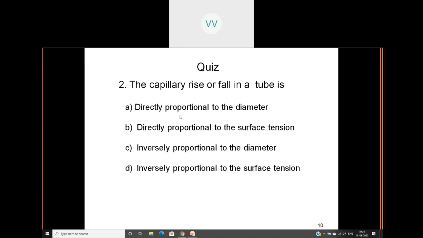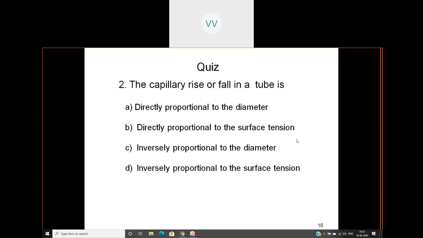So directly proportional to the diameter, this is ruled out because it is going to come in the denominator. So directly proportional to the surface tension, this is correct. And it is inversely proportional to the diameter. So 4 sigma cos theta by WD. So this is also correct. Then inversely proportional to the surface tension, this is ruled out. So these two answers are correct.